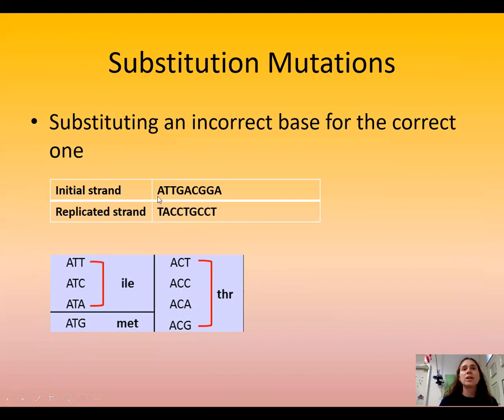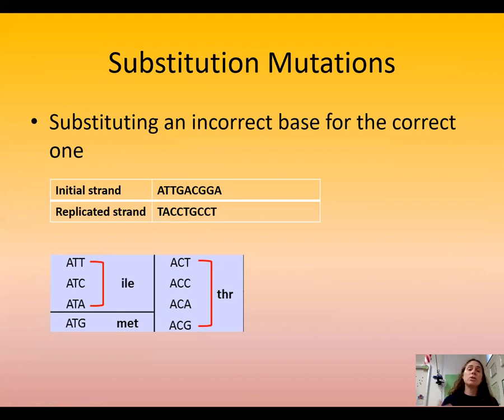So like here, if we had our initial strand as ATTGACGGA, right? The T latches on, the A latches on, but then it's just a mistake. Mistakes happen even in DNA. And so you get a C here, right? And then everything else is the same, but this has now changed from what should have been TAA to TAC.